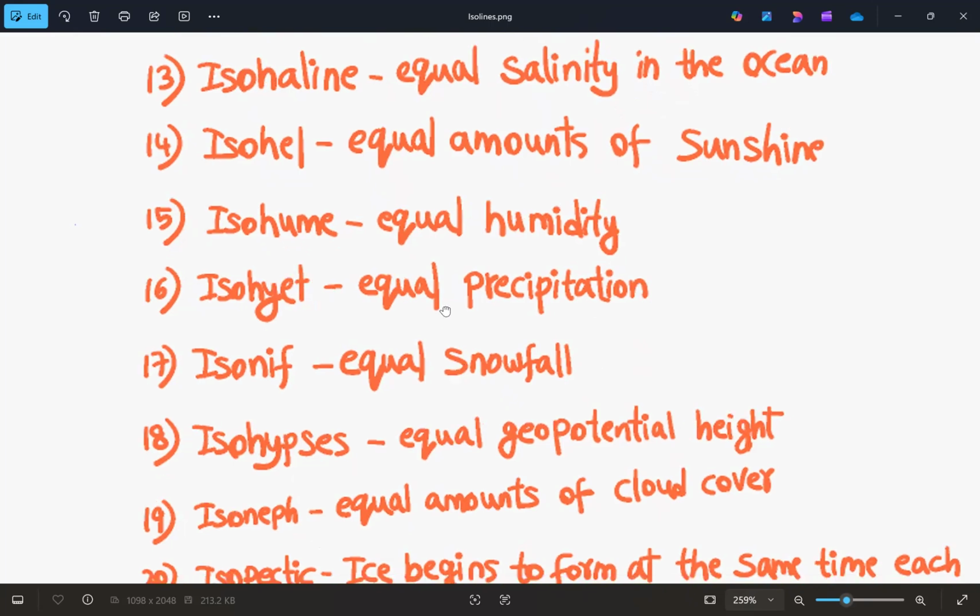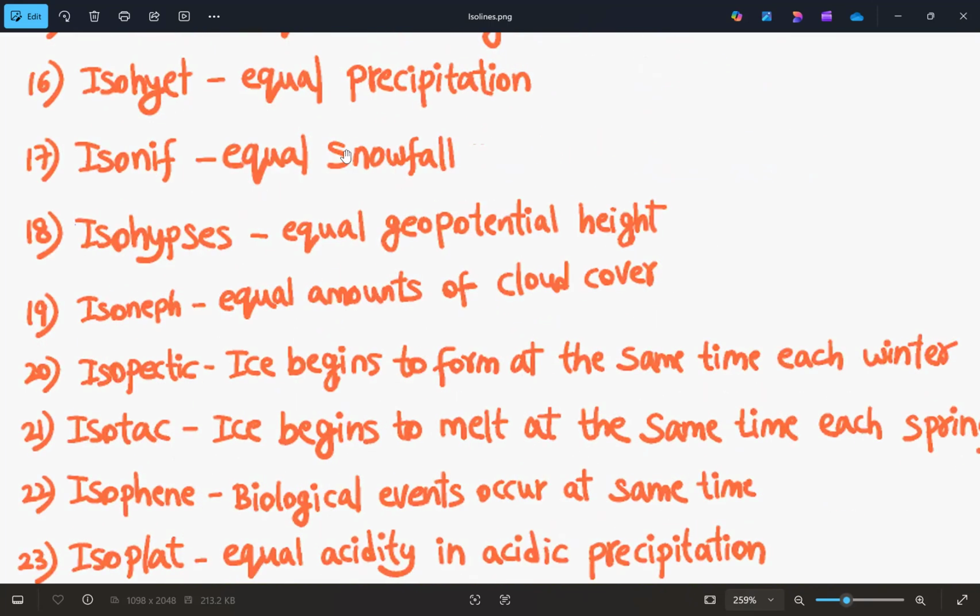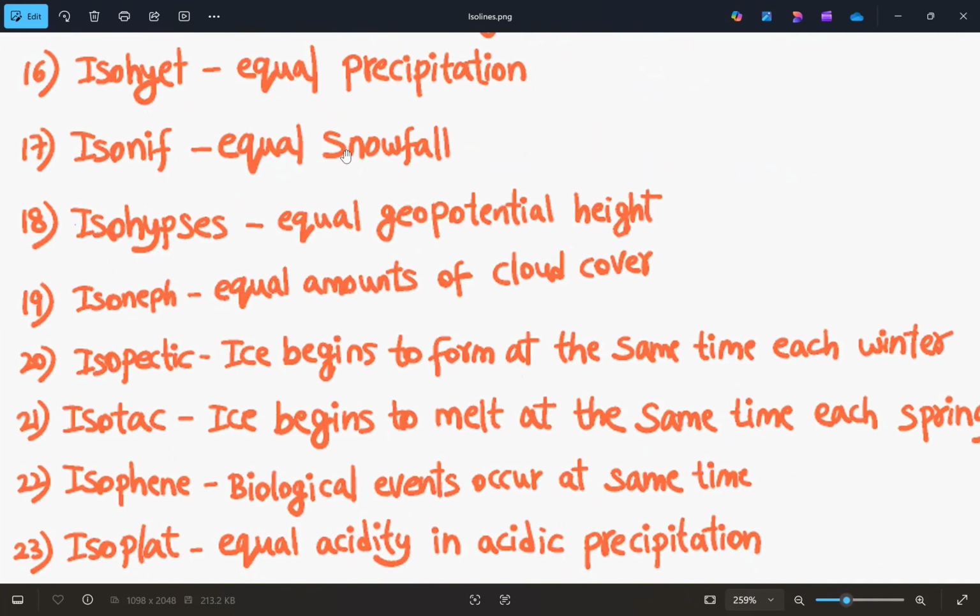And the next one is isonif. What is an isonif? An isonif measures equal snowfall, whereas isohyet measures equal precipitation. And the next one, isohypse. An isohypse measures equal geopotential height.